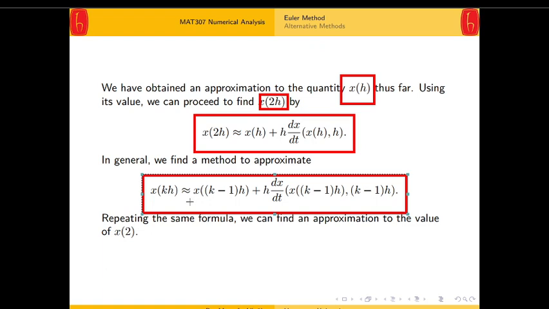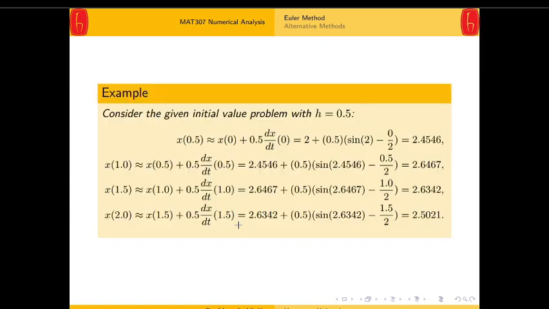Repeating the same formula, we can find an approximation to the value of x of 2. So increasing with h increments, we can arrive at t equal to 2, and using this formulation we can obtain an approximation to x of 2.